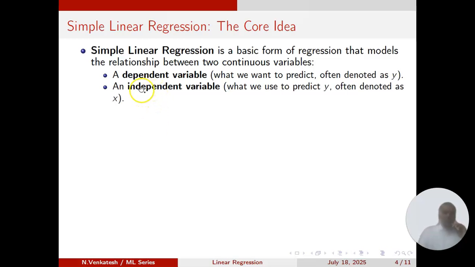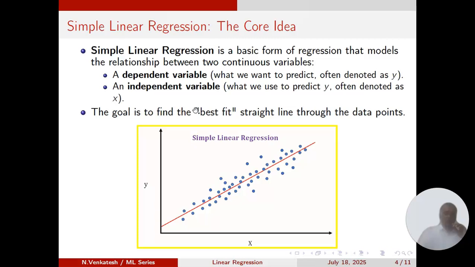The variable for which you are going to predict, you call it a dependent variable, as it is dependent on x, and the other variable is an independent variable. The goal is, you have a set of x, y points given, and the goal is to find a best fit straight line that can be later used for predictions.